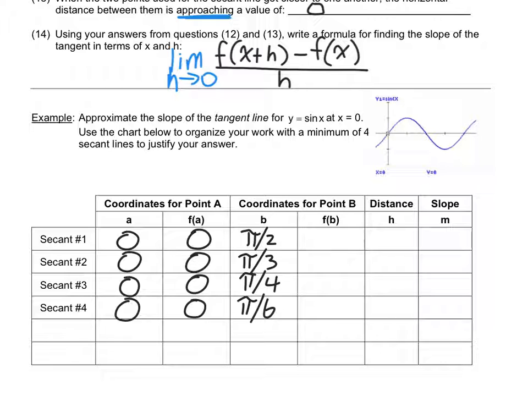All right, so that's establishing points on our curve here, here, here, and here. So our secants would look something like this. And you can see that the slope of those lines are getting closer and closer to what I think the slope of the tangent would be. All right? So now the hard part. What is the sine of pi over 2?